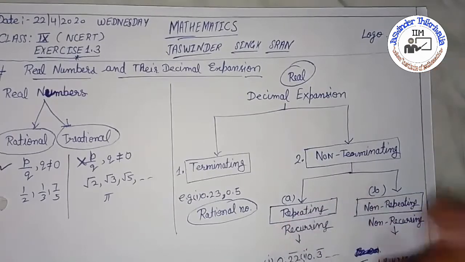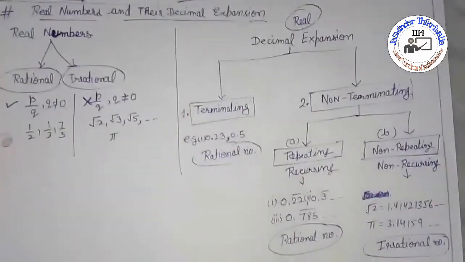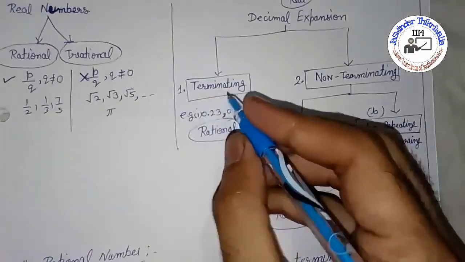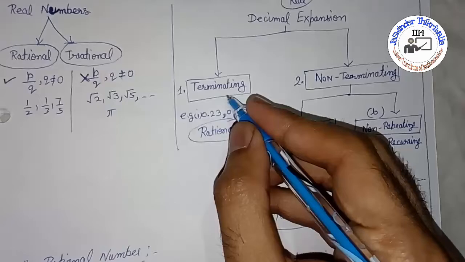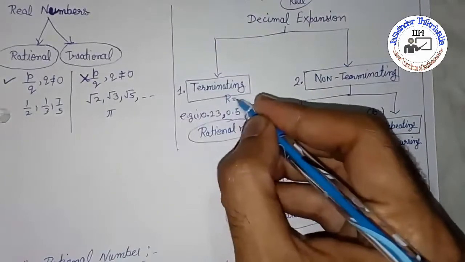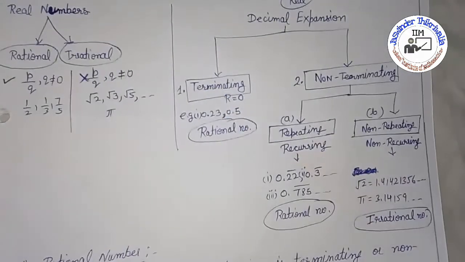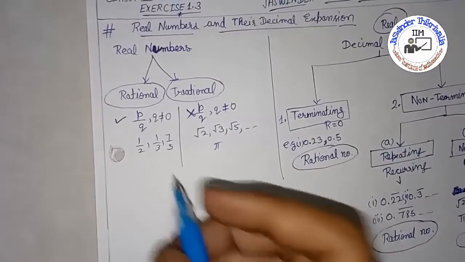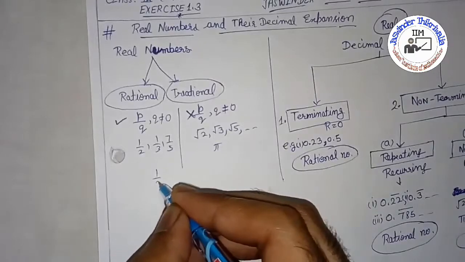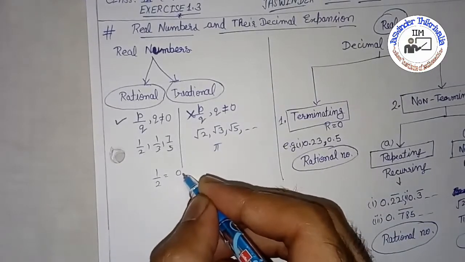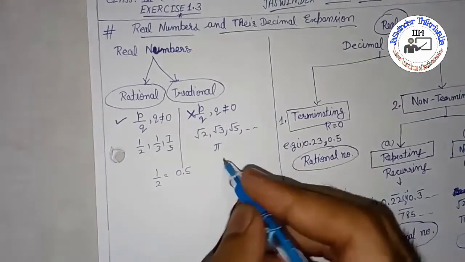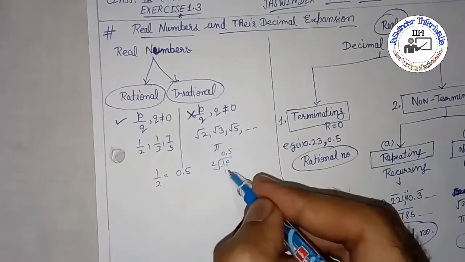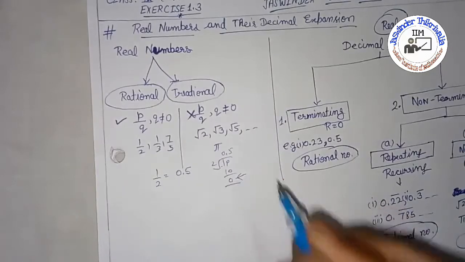Terminating means that when we divide two numbers, if the remainder comes to 0, then that decimal expansion is known as terminating. For example, we divide 1 by 2 and get 0.5. This division is terminating because its remainder is 0.